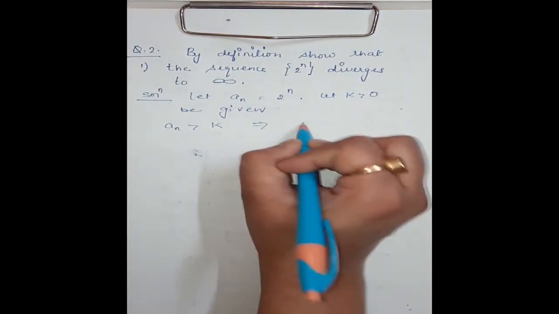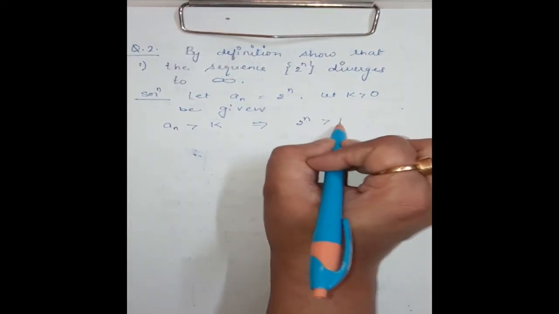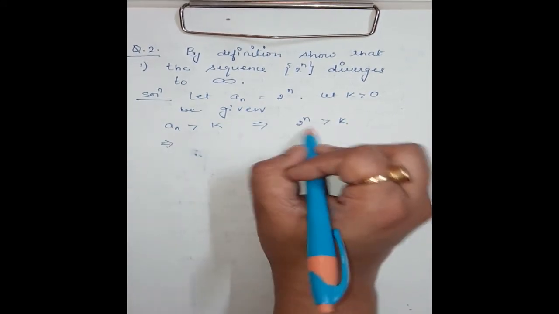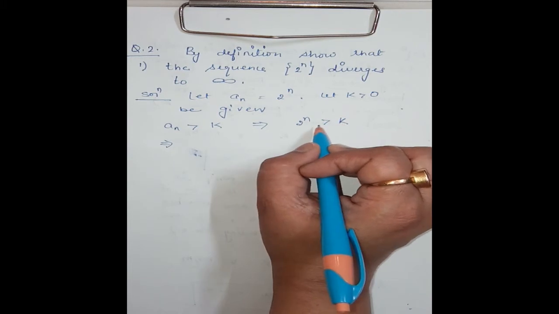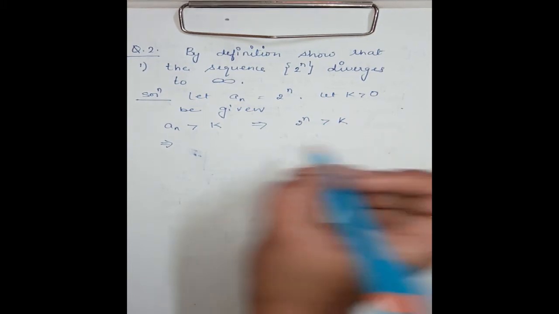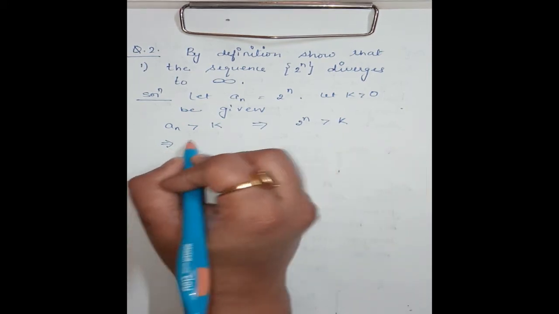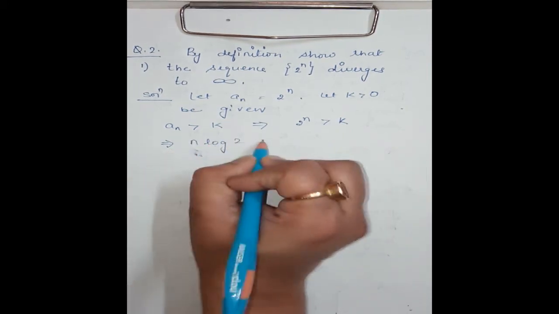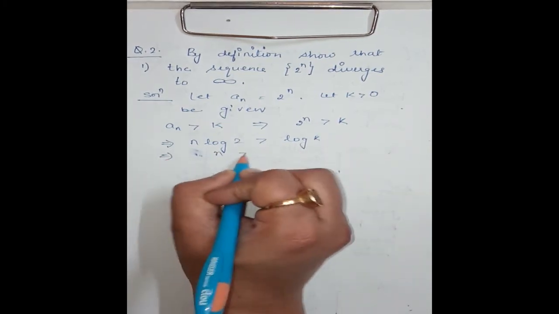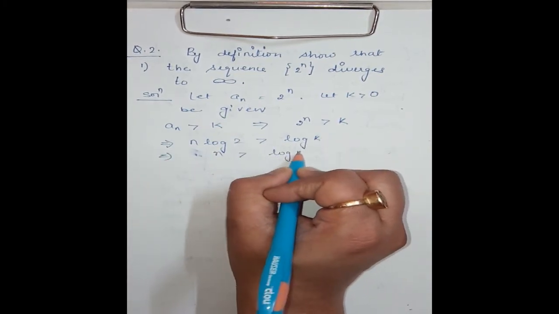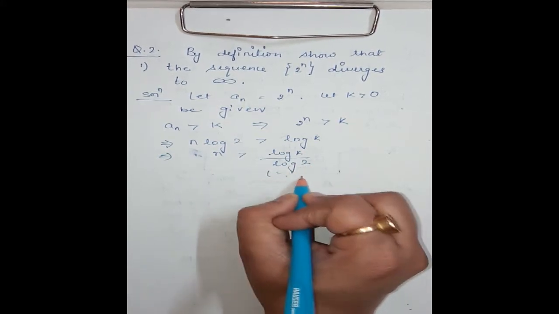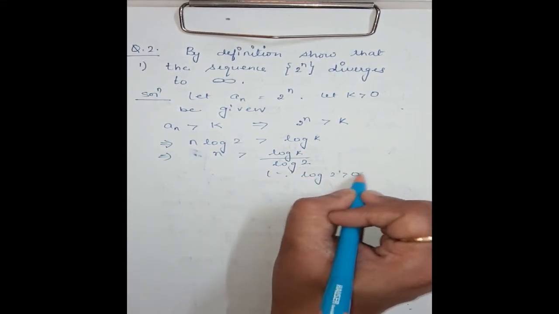Now taking log on both sides, since the logarithmic function is an increasing function, as we have discussed earlier, this will imply n log 2 is greater than log k. This implies n is greater than log k divided by log 2, since log 2 is positive.